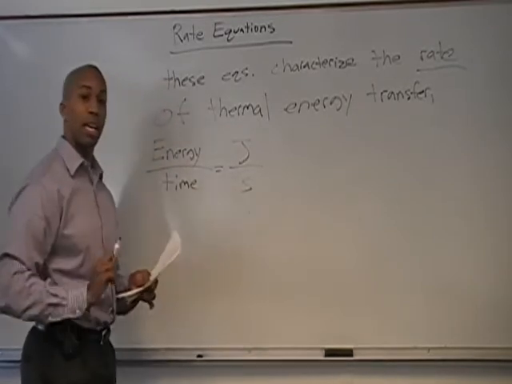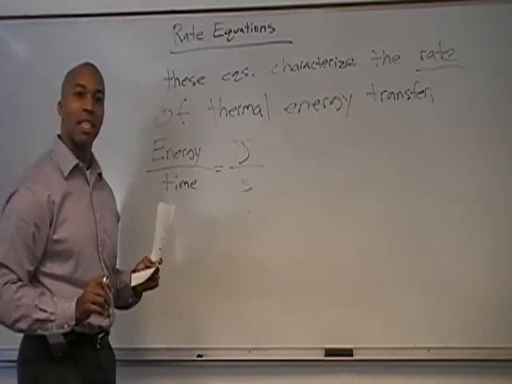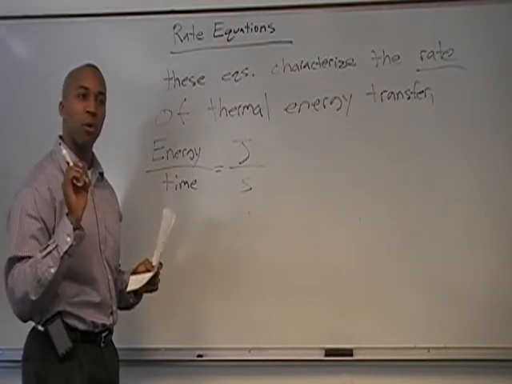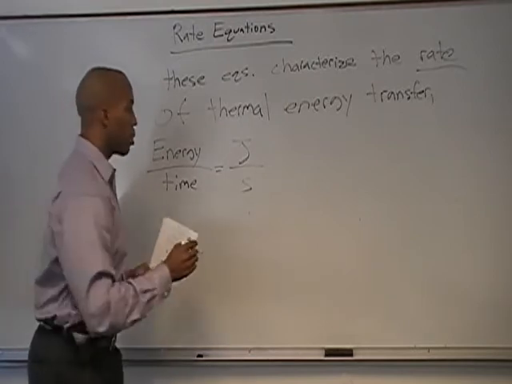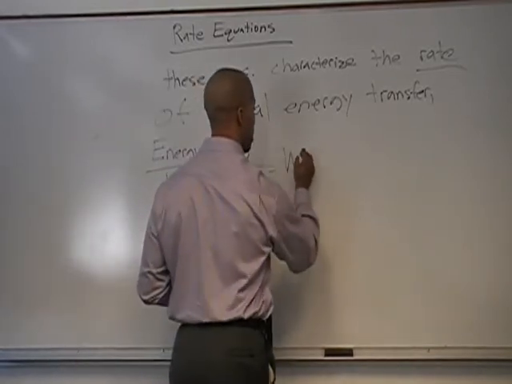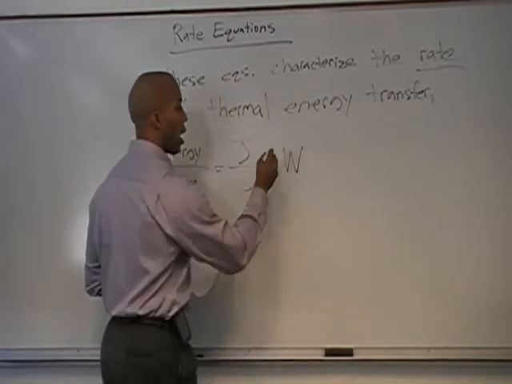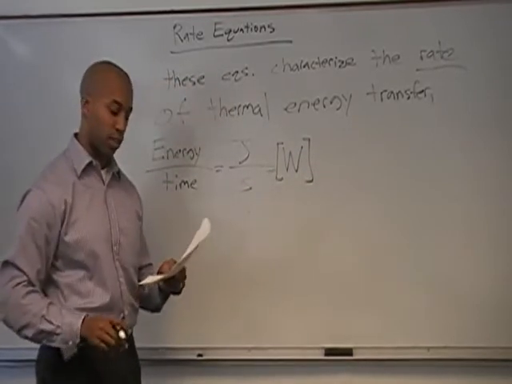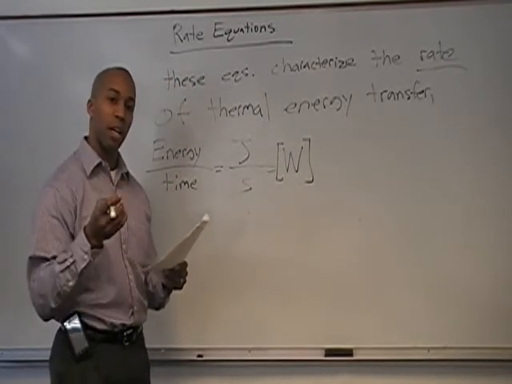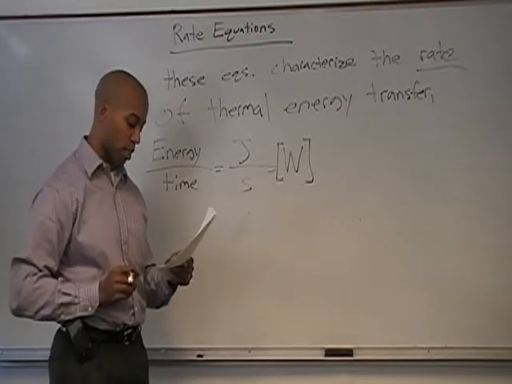So joules per second. That's what a rate is. So when we talk about a rate equation, we're equating joules per second, which also is watts. So this watt unit will be one that we will use frequently in heat transfer. So we talk about heat flux, we measure these things in terms of watts.